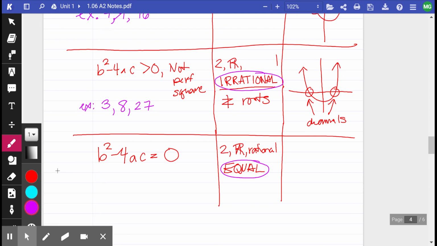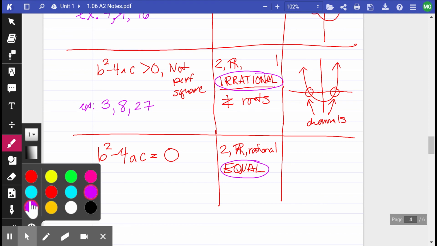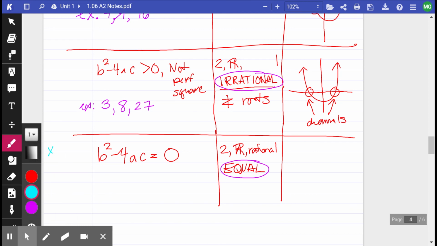Because if you have negative b plus or minus the square root of your discriminant, and your discriminant is 0, you're adding 0 or subtracting 0 to it. It's like saying x equals negative b plus or minus the square root of 0 over 2a. So the square root of 0 is just 0. So you're not adding or subtracting anything different to negative b.